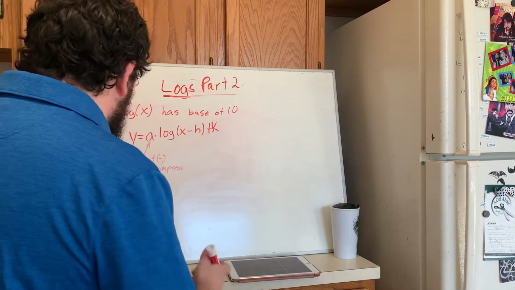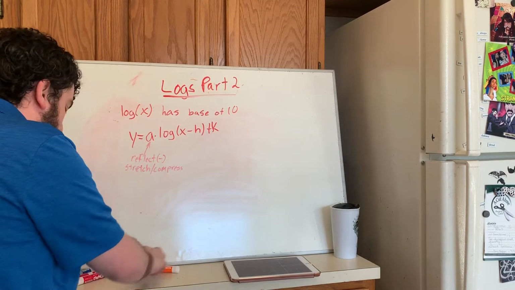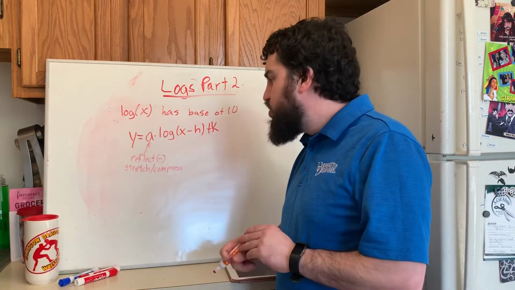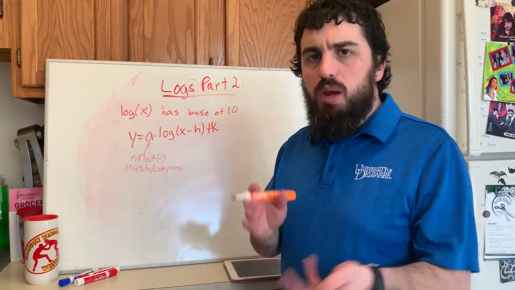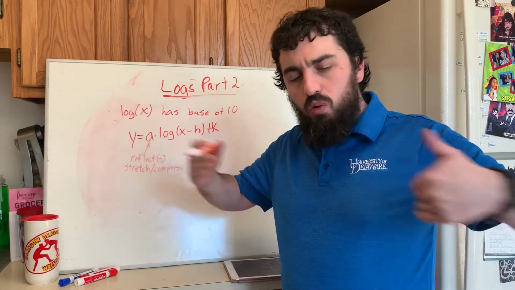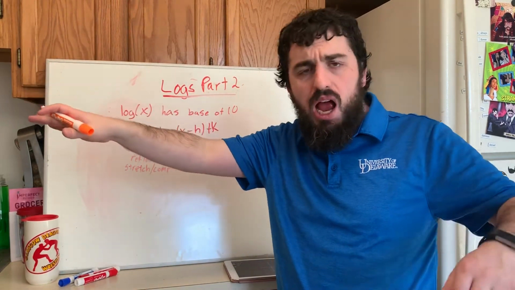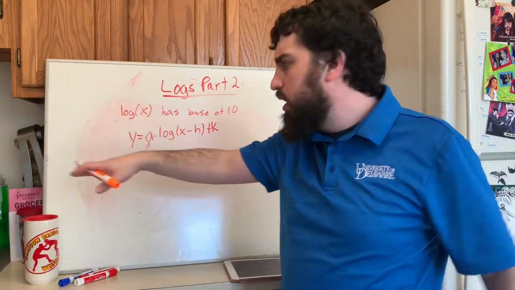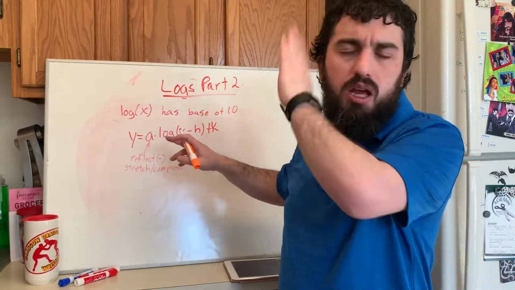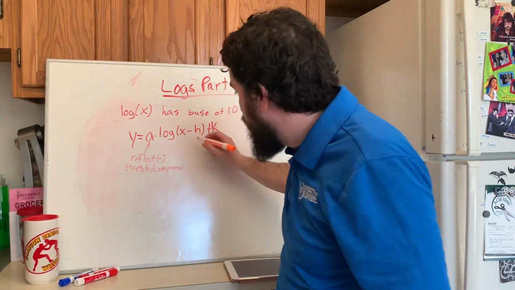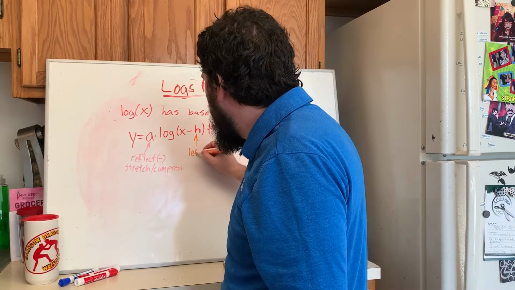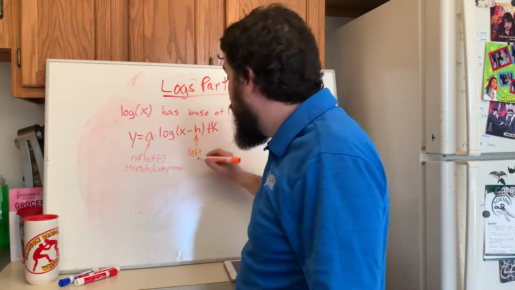Now, h is one we have to be very careful about. H moves it left and right. Typically, when we think of a positive number, on the x-axis, positives are on the right, negatives are on the left. However, since this is inside the function, it works in reverse. If it says x minus something, that actually moves it to the right.